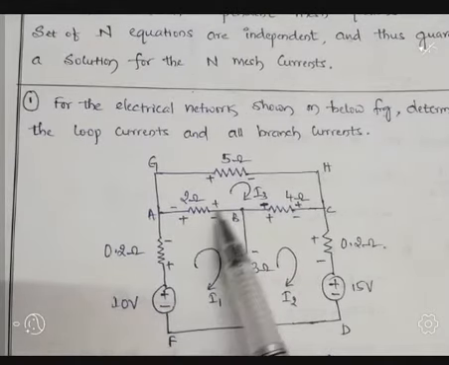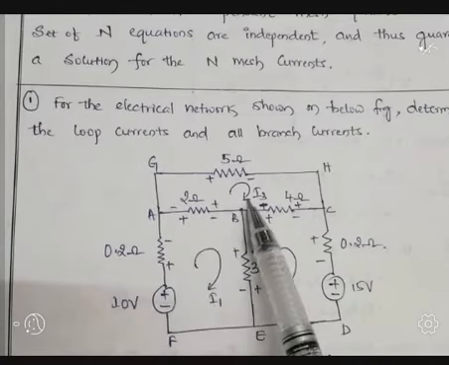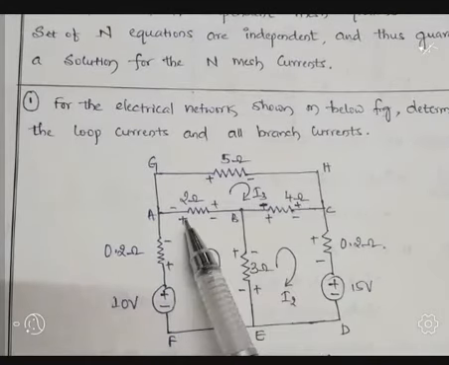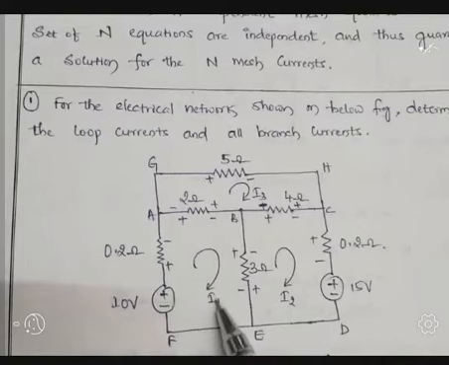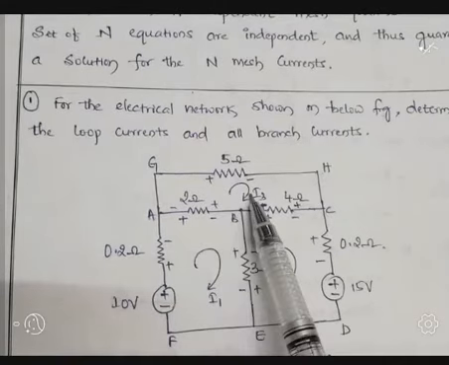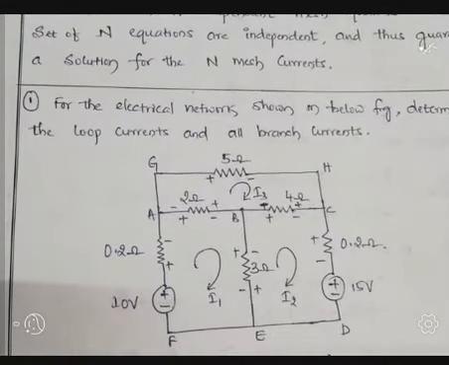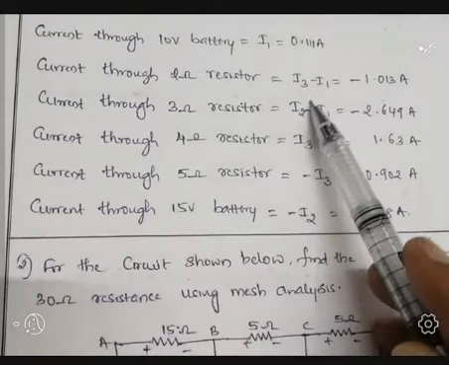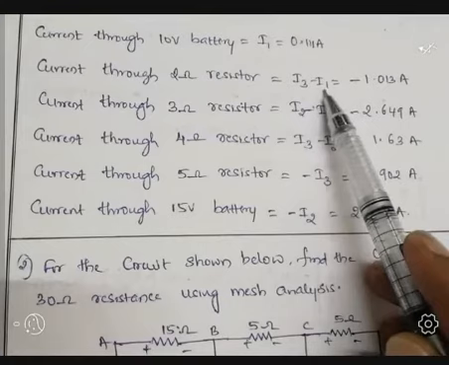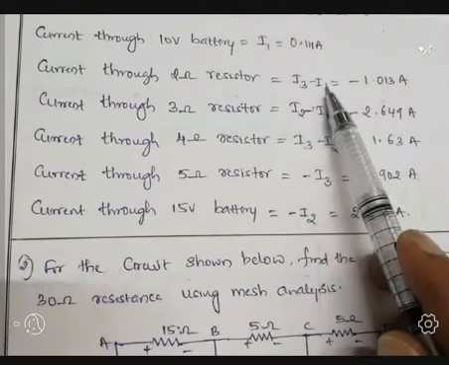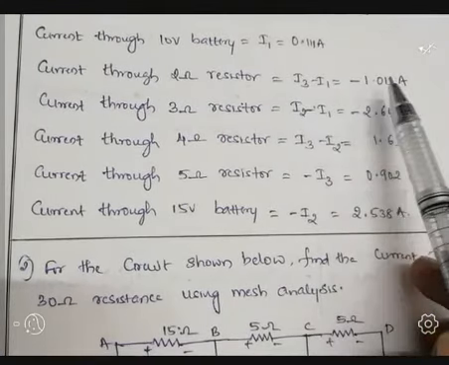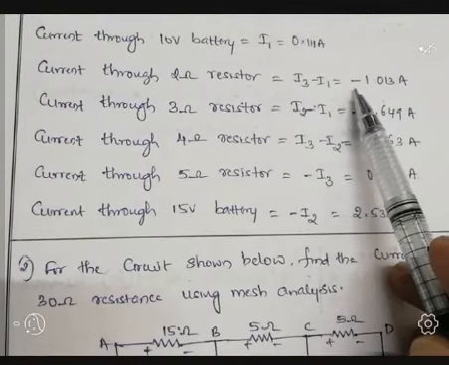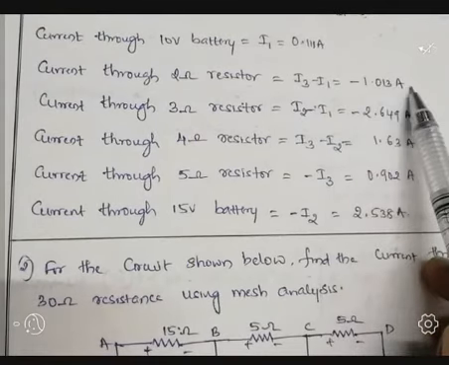The head of the arrow mark of I3 is pointing towards plus, and the arrow mark of I1 is pointing towards minus. Hence, the current flowing through this branch is I3 minus I1. Substitute the values of I3 and I1. Do the simplification, and the answer is minus 1.013 amperes.